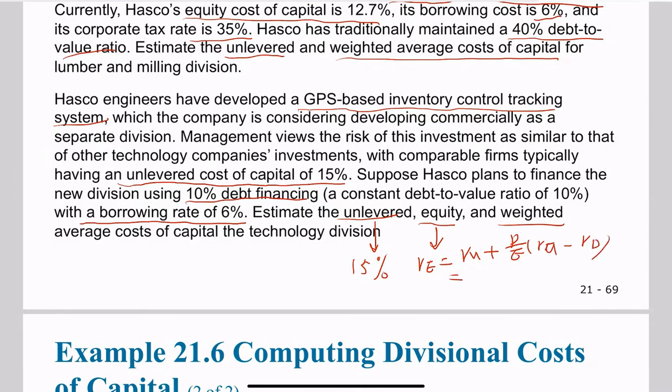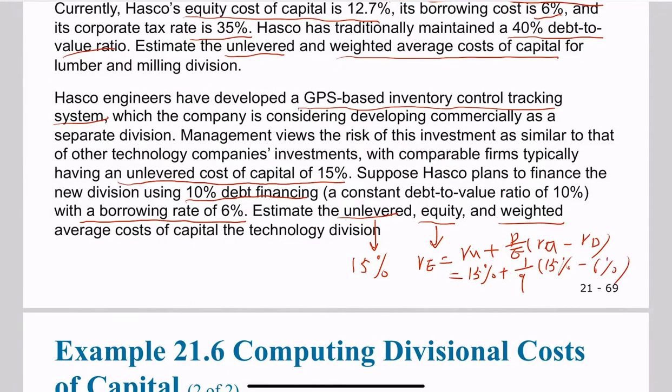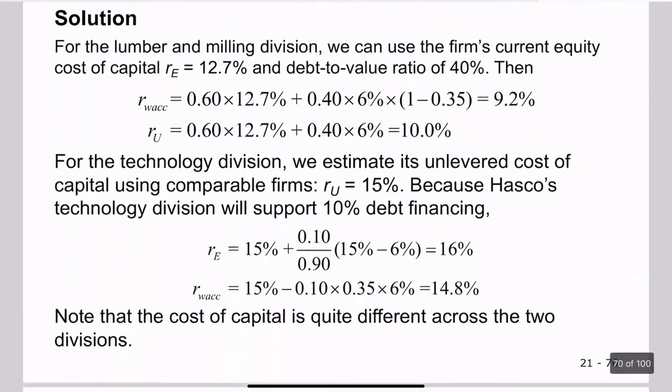So RU is 15%, and the debt value ratio is 10%, which means the debt equity ratio would be 1/9. And 15% minus 6%. So this gives us 16%. Yeah, it looks like it's 16%. Okay, good.